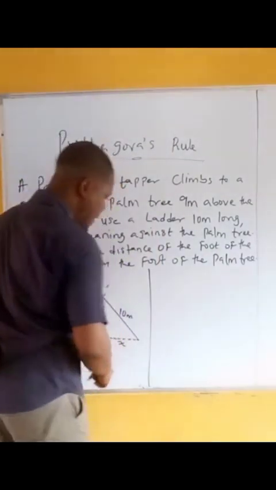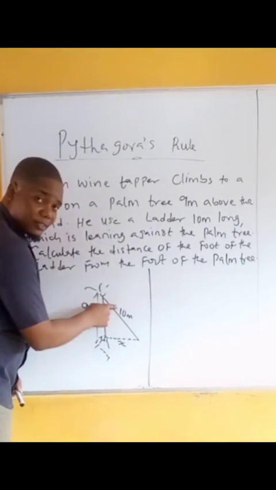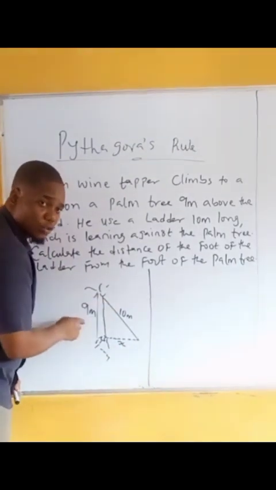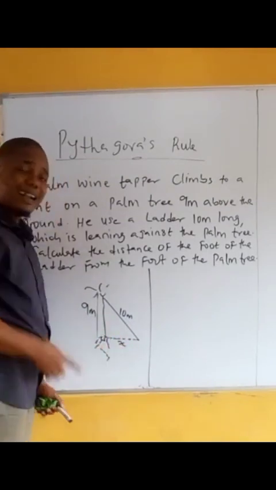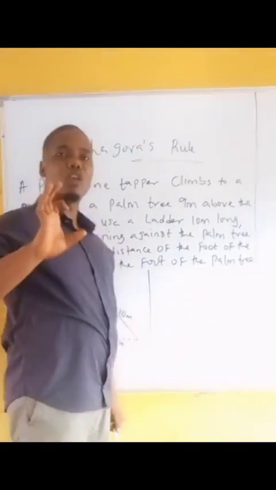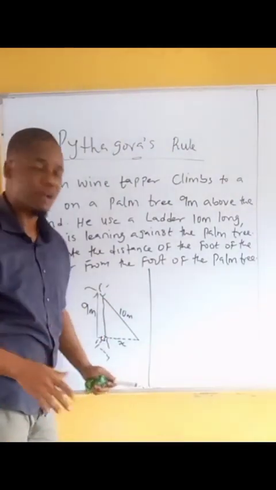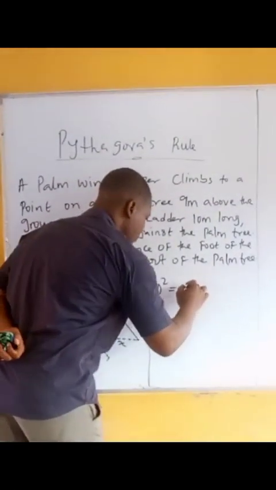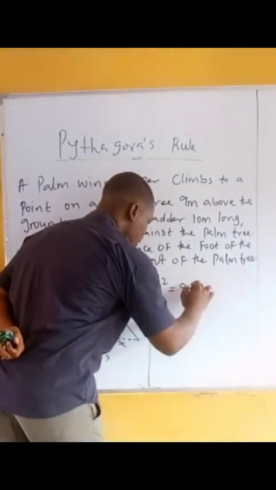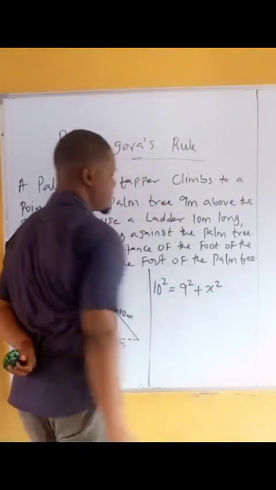So what I will do here, I'll observe, do I have the hypotenuse? Yes, 10 meters. Do I have the vertical height? Yes, 9 meters. Do I have the other adjacent side? No. And I told you that when you are looking for any of the adjacent sides, you subtract. So let's go by Pythagoras rule. 10 squared is equal to what now? 9 squared plus x squared.